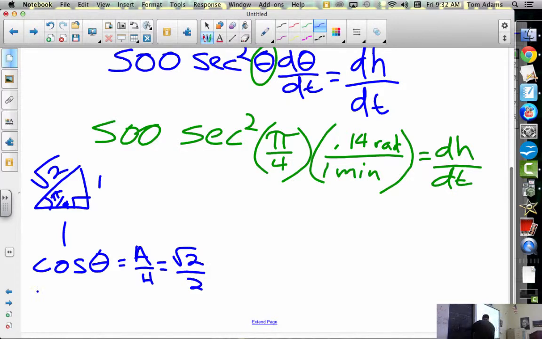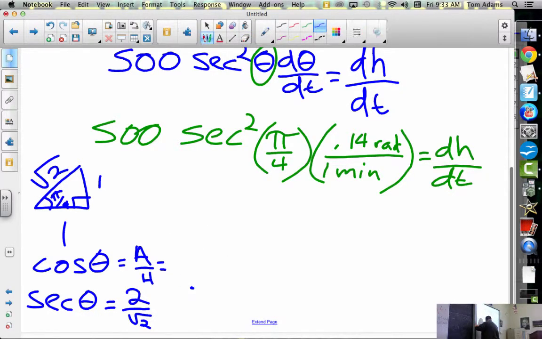Secant is the reciprocal of that, which is root 2.